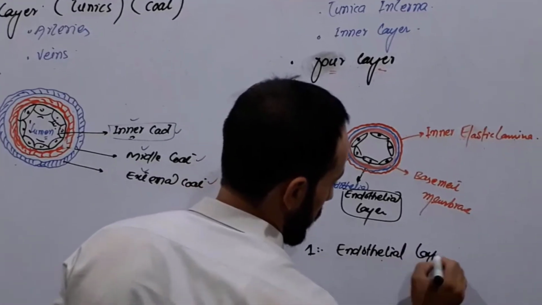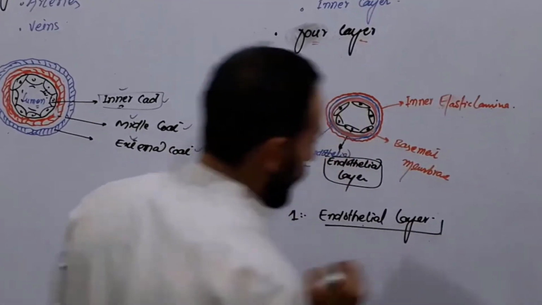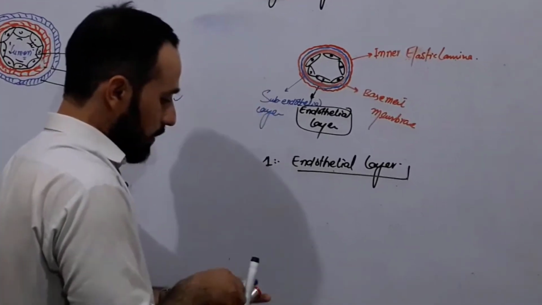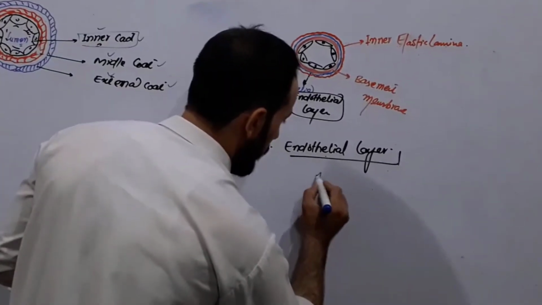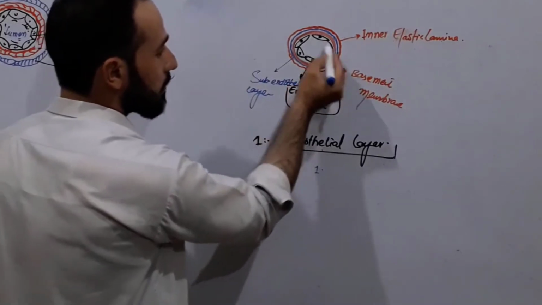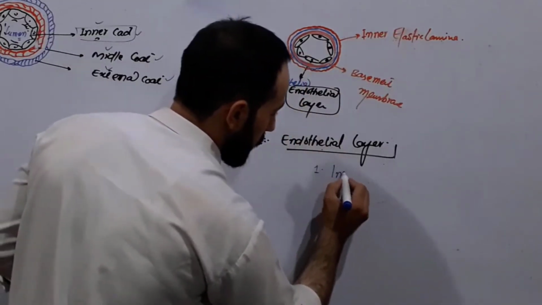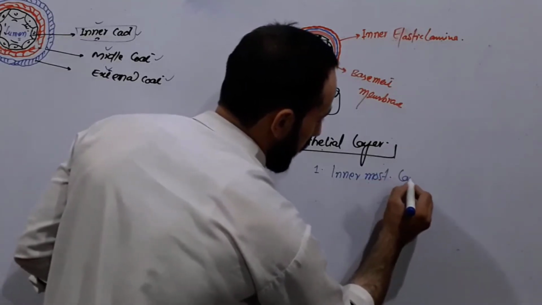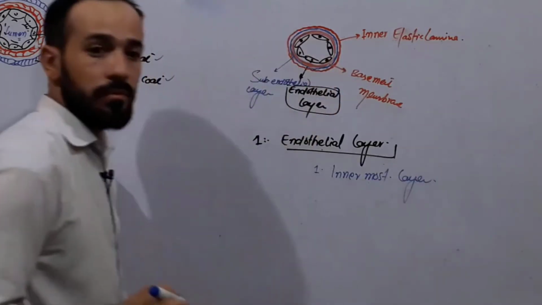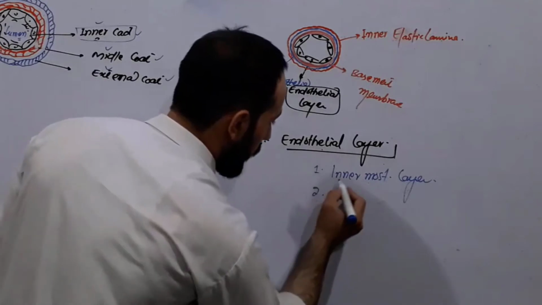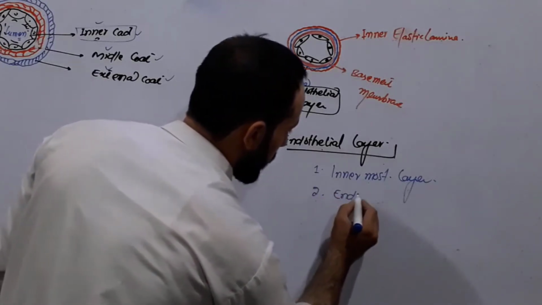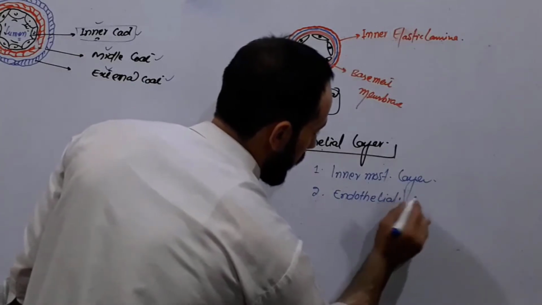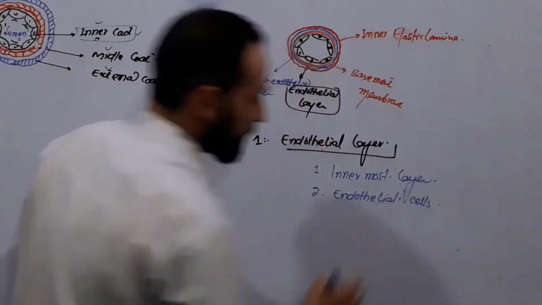Okay, so this endothelial layer, we can say that it is the innermost layer, right? Isn't it? And this layer is made up of what? This layer is made up of endothelial cells, right?